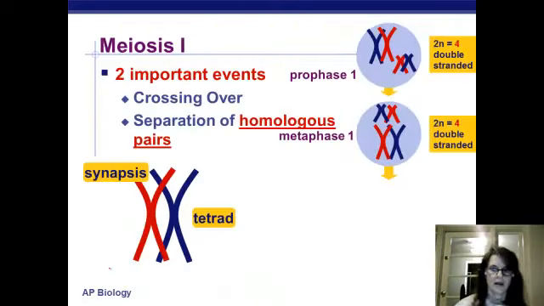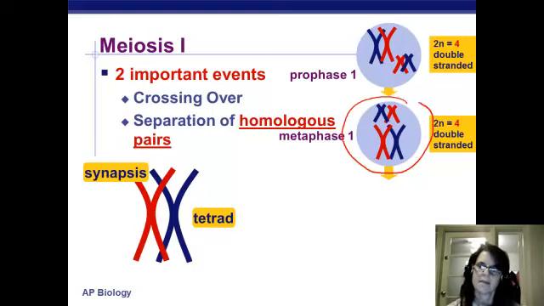When the chromosomes line up in metaphase 1, we have one member of each pair on either side of an imaginary center line. Let's say the blue comes from dad and the red from mom.